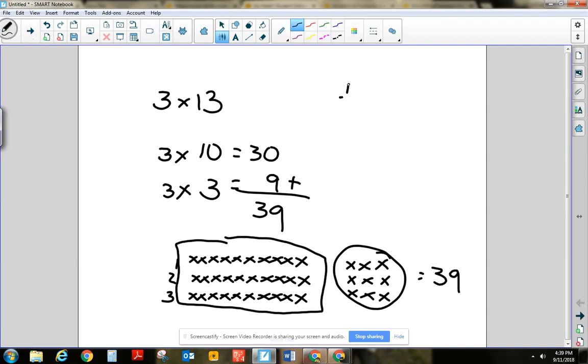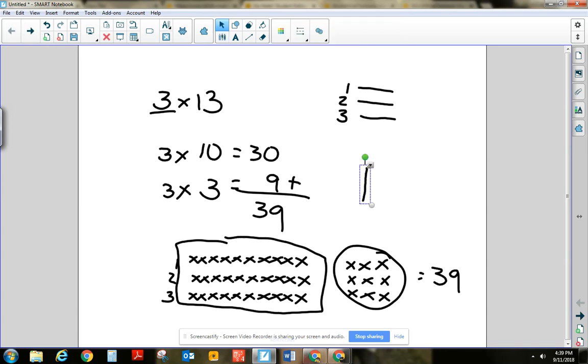Lots of times you're going to see me or other people do it like this. So check this out. We got my 3 rows of, well, I'm going to do 10. Watch this. A 10, a 10, and a 10. I just kind of put that 10 stick and put it on its side.